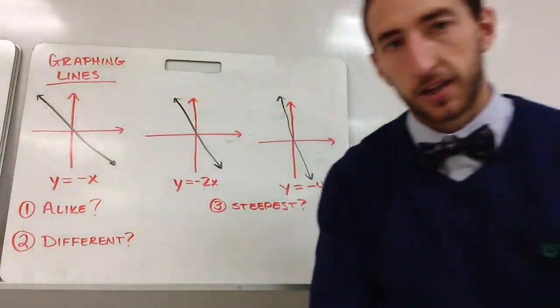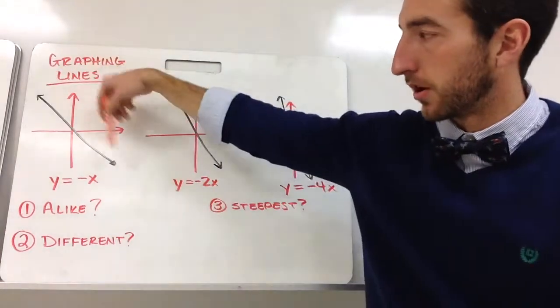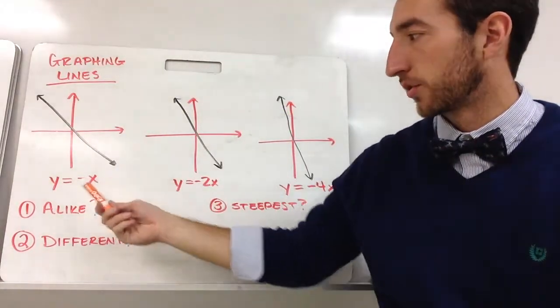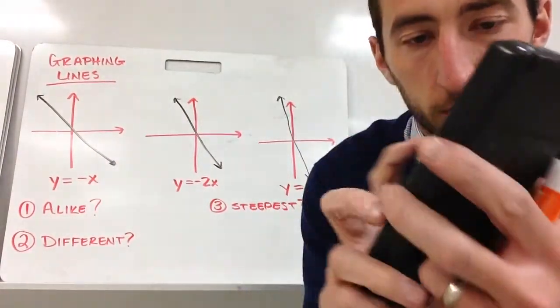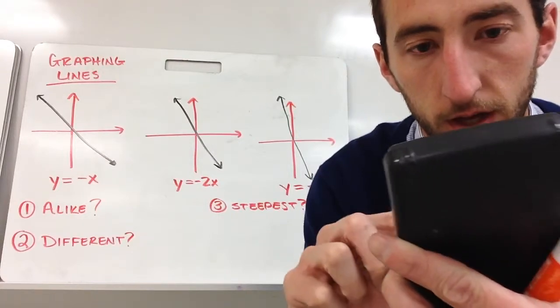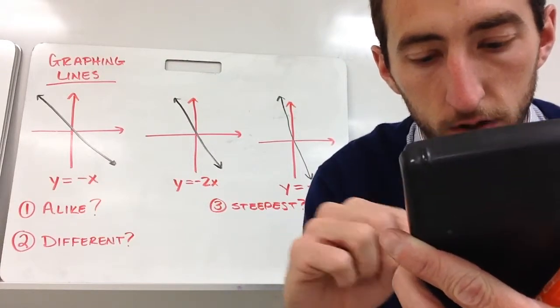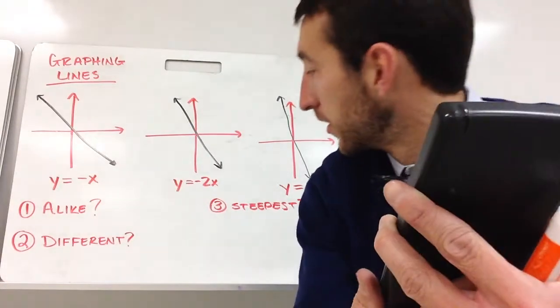All right, so now looking at negative slopes, remember they're all going downhill from left to right. So we got negative x, negative 2x, negative 4x. So I get my calculator, clear out everything, put in y equals negative x, negative 2x, and then negative 4x.